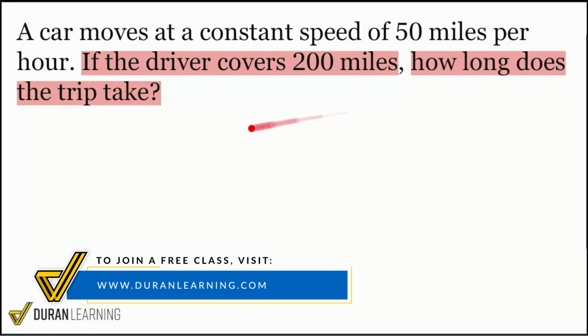And when we ask how long something takes, we're thinking, hey, it could take 5 minutes, could take 5 hours. But that sounds like time. And there we go. So with that, booyah, we are looking for how long the trip takes, and that is time. Everybody, do we agree with that before we move forward? How long, meaning time. Good.